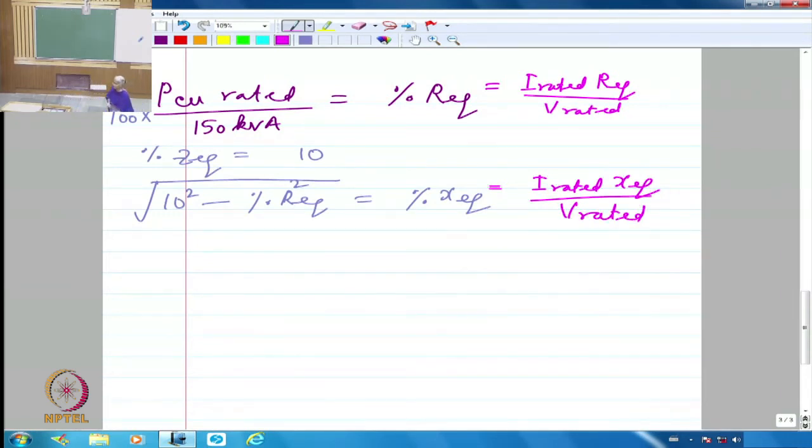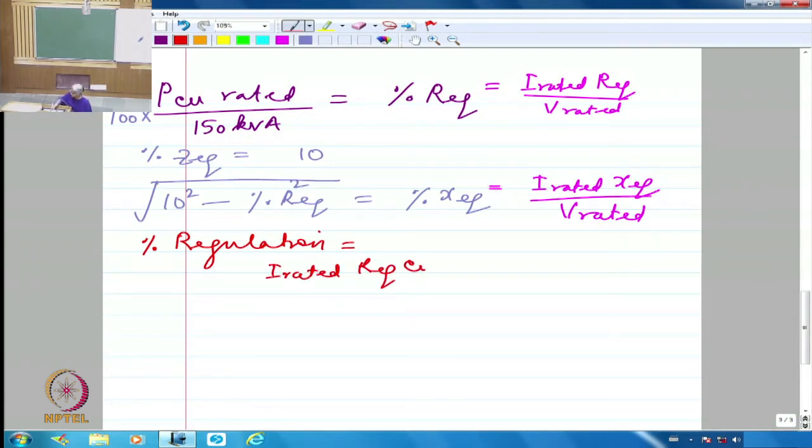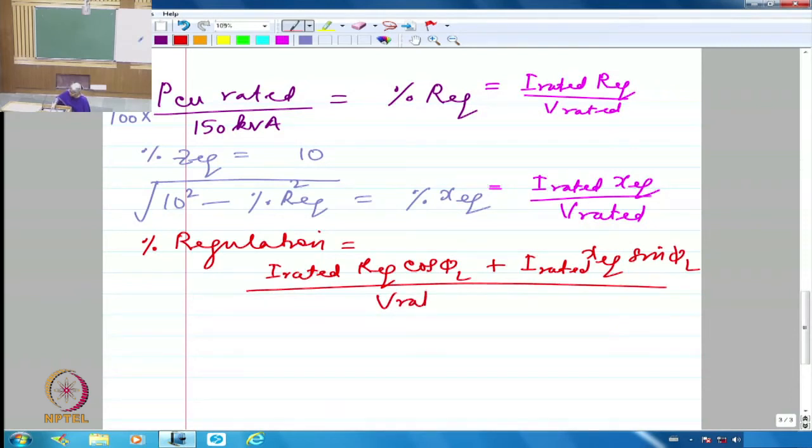Right? So now, if I want regulation, I can write the expression as I rated R equivalent cos phi L plus I rated X equivalent sin phi L, divided by V rated, of course multiplied by 100. Now I can say that this I rated R equivalent by V rated is percentage R equivalent. I have got that directly.